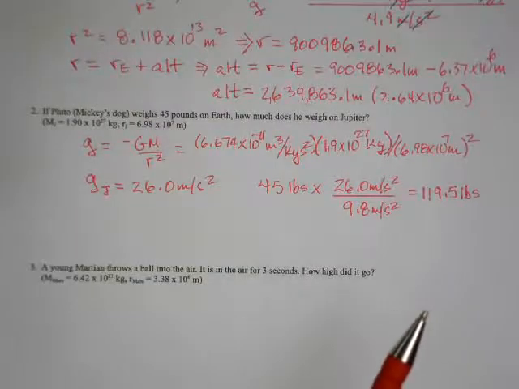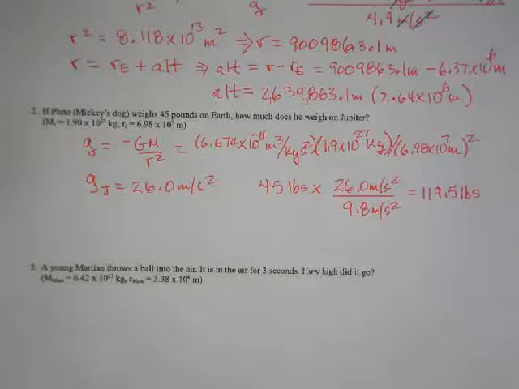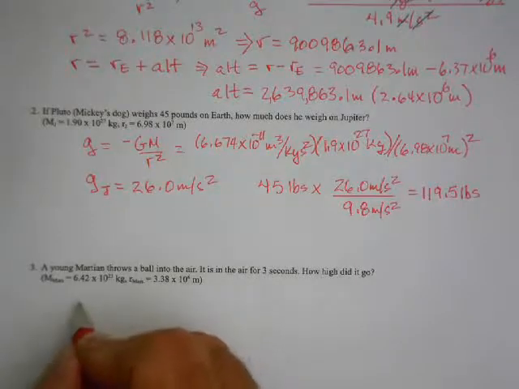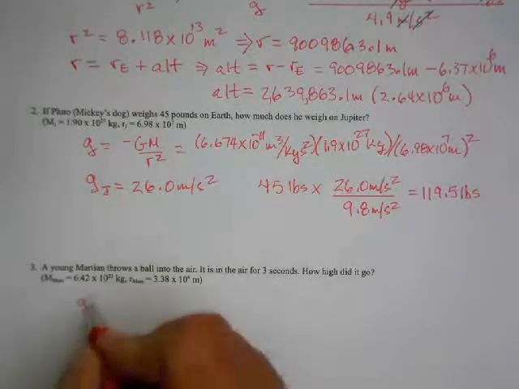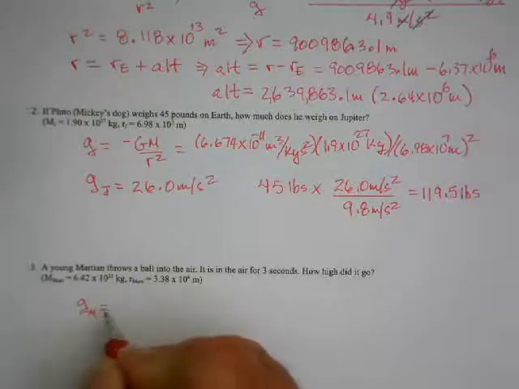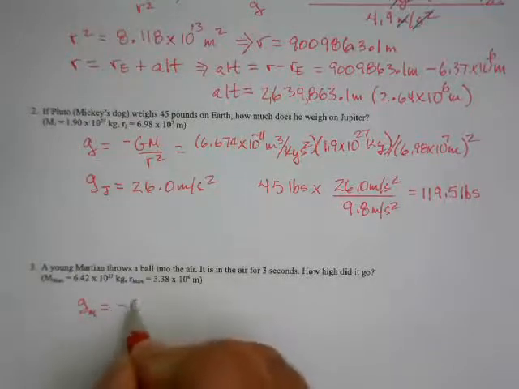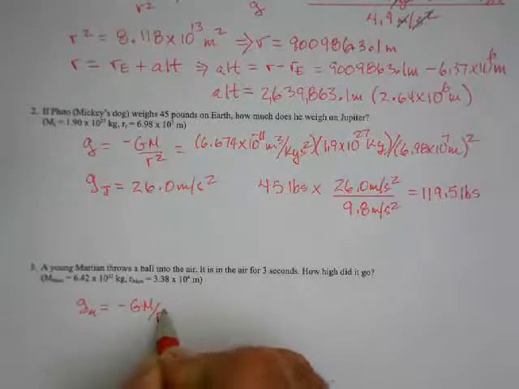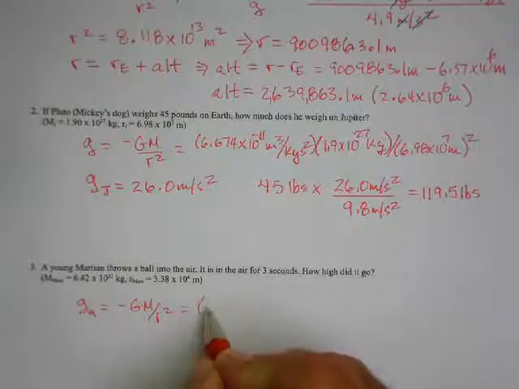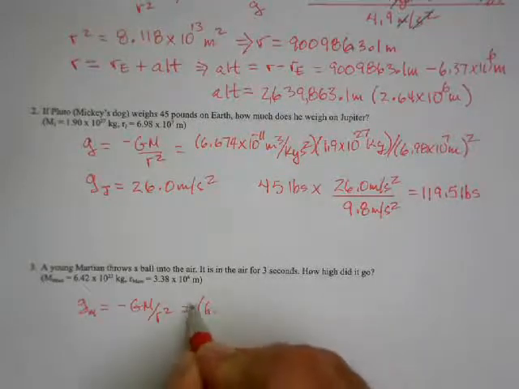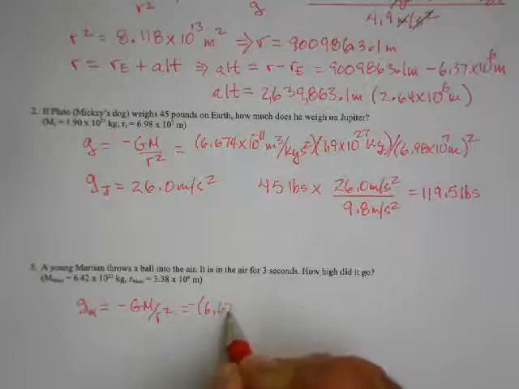So first thing we're going to do in this problem is, what's the gravity for Mars? So again, and as you can see, this does get a little bit old real quick.